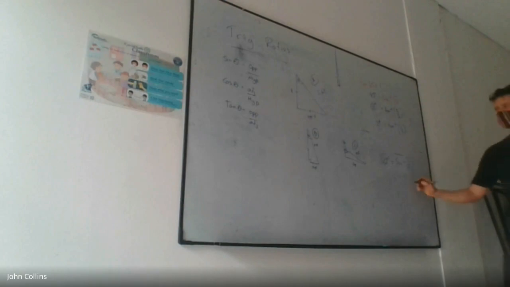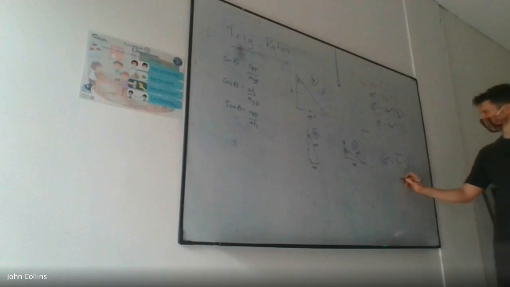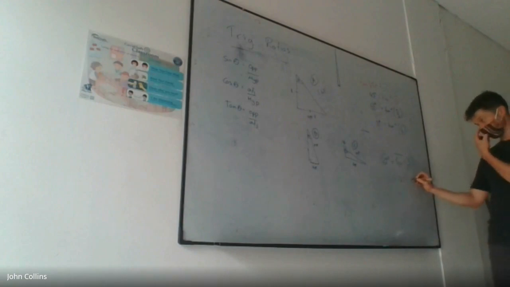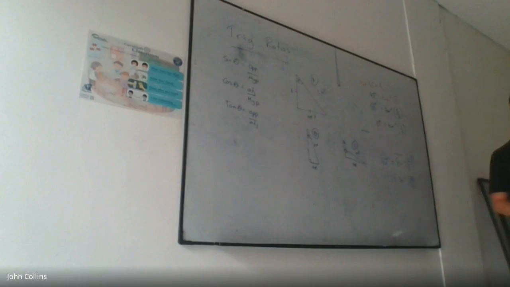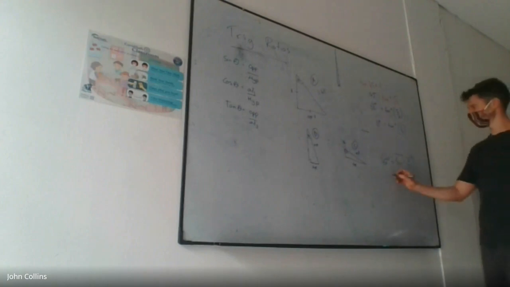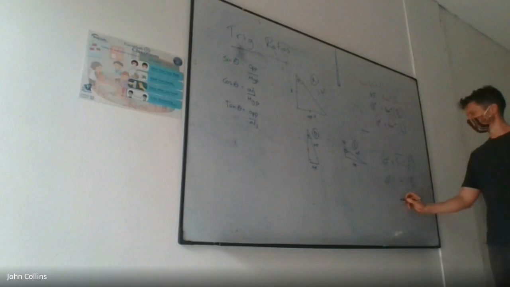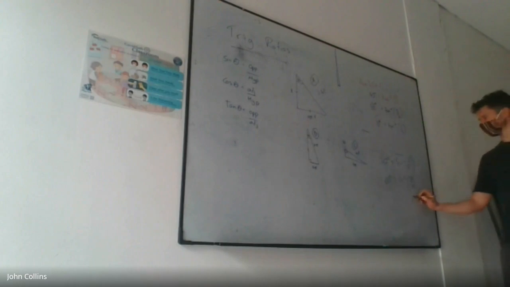What about 28 over 30? What's 28 over 30? 68 degrees. All right, well, let's do 29 over 30.